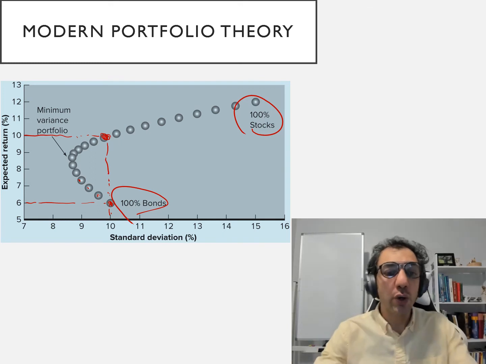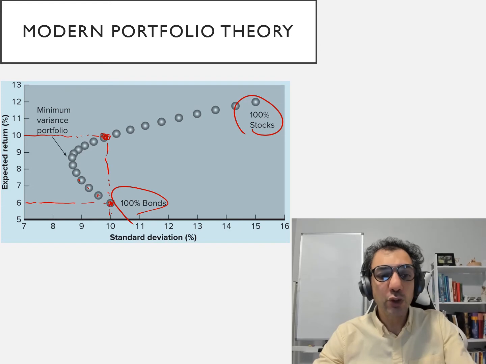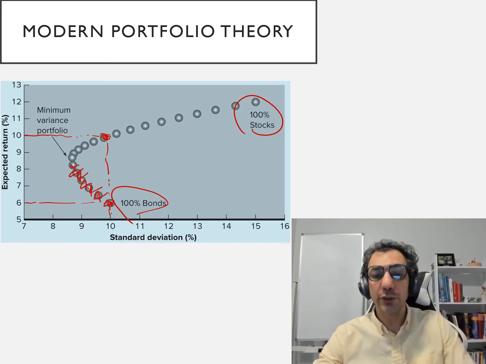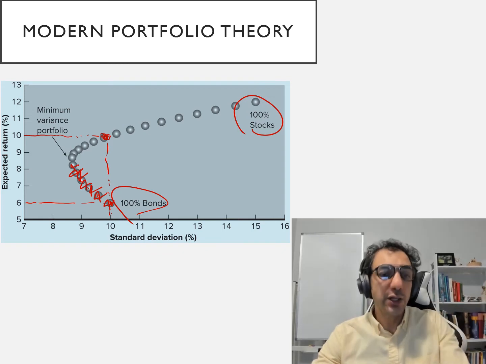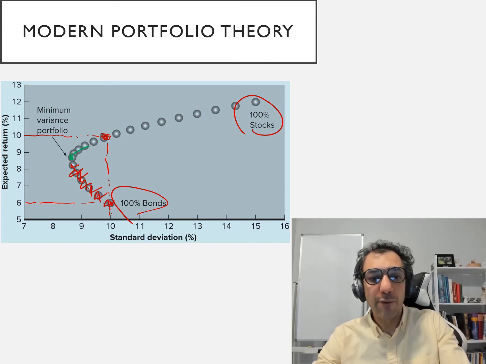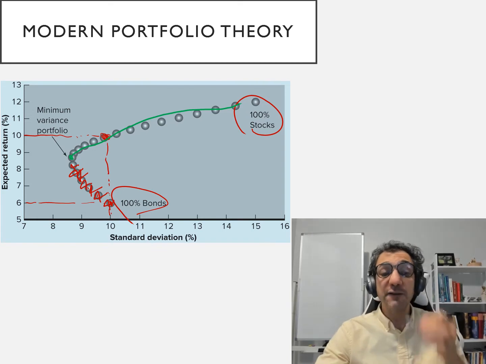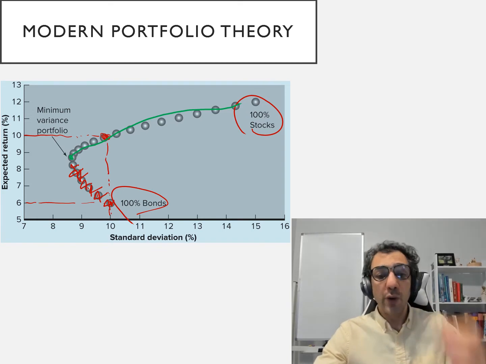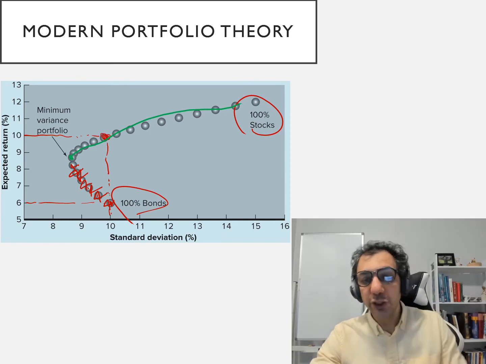So you should ignore the first one and go upward. With the same argument, we should ignore all these portfolios because these are inefficient portfolios. Starting from the most left-side portfolio, going upward, you can choose any of these portfolios because these are efficient portfolios. They provide you the higher return for the same level of risk. So we call this the efficient portfolio set.